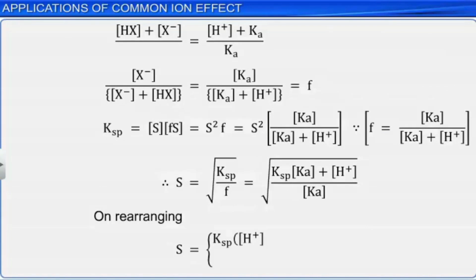So we can conclude that solubility increases with a decrease in pH or an increase in H+ ion concentration.